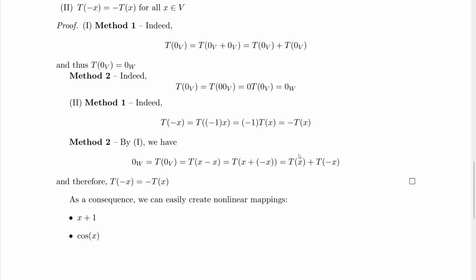This sends 0 to 1, not linear. Cosine, as we just mentioned, is not odd. So boom, out the window. Right, and for a more sophisticated mapping, let's say we got a function that's going to take elements out of R2 and send them to R2. And let's say it does the following. It squares x and deletes y.